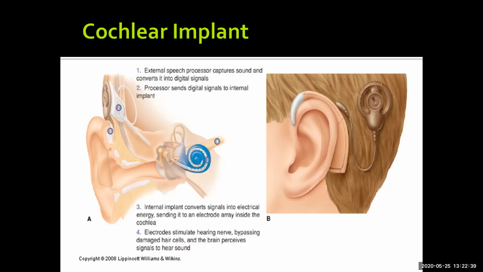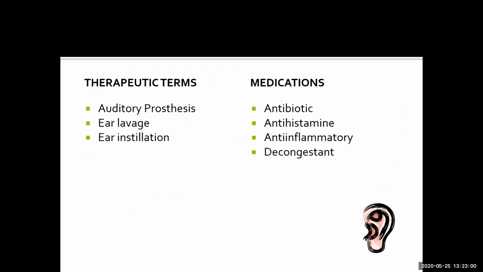The electrodes stimulate the hearing nerve, bypassing the damaged hair cells, and the brain perceives the signals to hear the sound. And these are getting more and more advanced. Some of them are actually internal, and the external piece is getting smaller and smaller, and it's like a magnet.